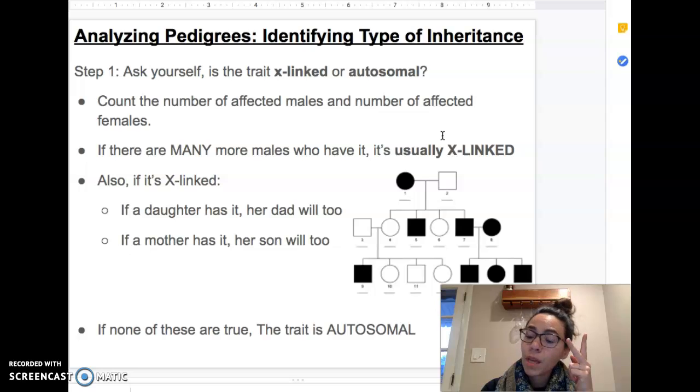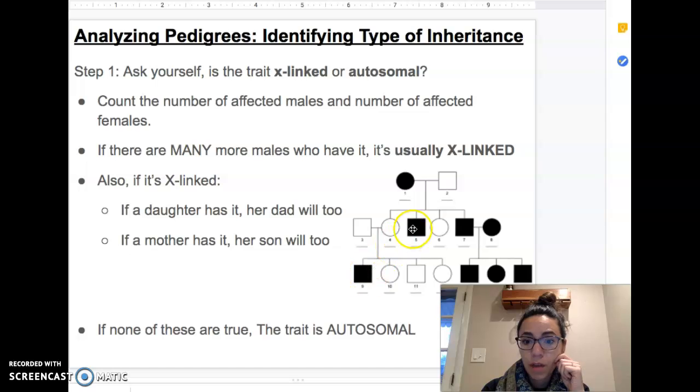So if a female has an X-linked disorder, she has to have 2 recessive alleles, whereas the male only needs 1 because they only have 1 X. So males get X-linked traits more frequently. If a disease appears more often in males, which are represented by the squares, than females, it's X-linked.